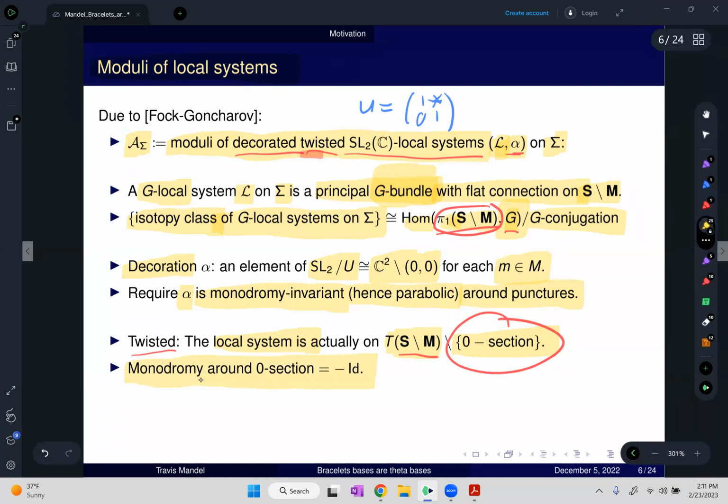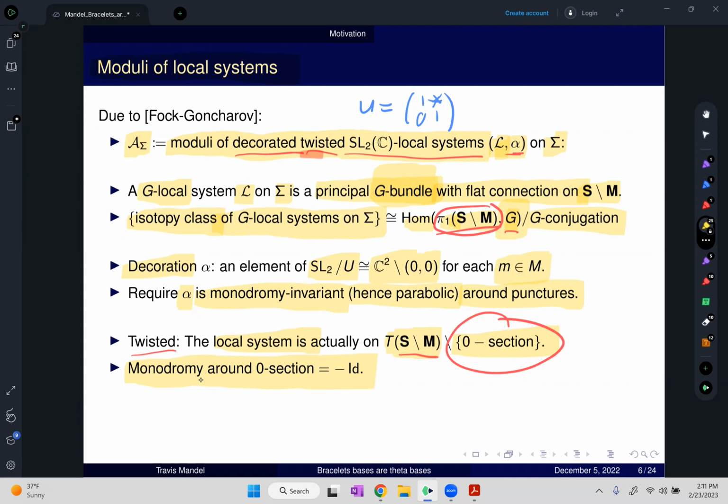Can I ask a question? Sure. So I want to understand this condition of alpha being parabolic around the punctures. Maybe my question isn't well defined because it's all occurring in this tangent bundle.